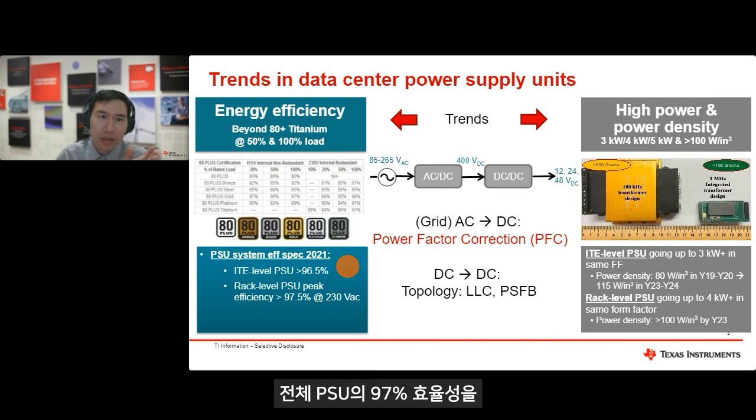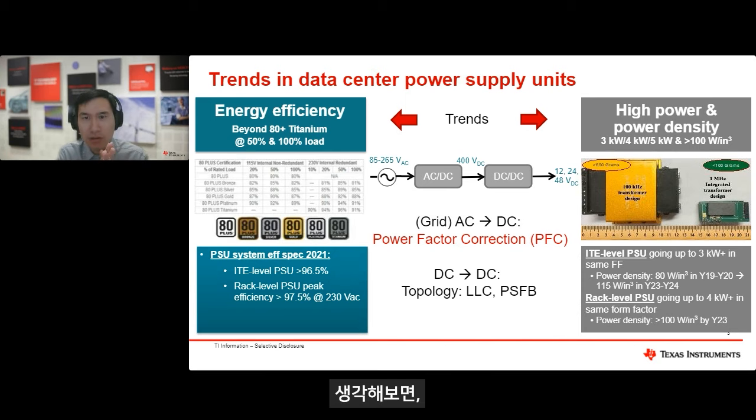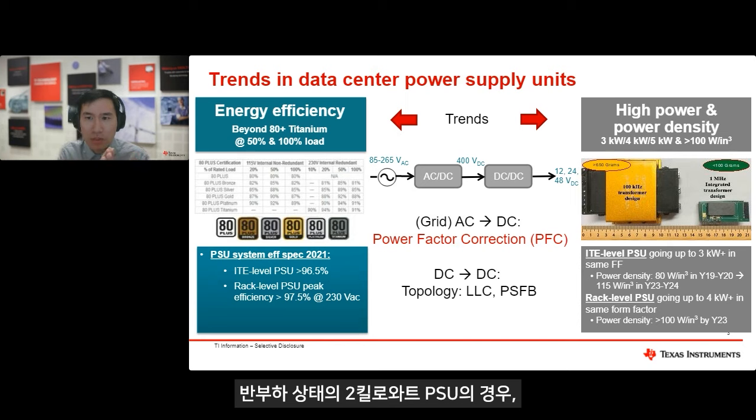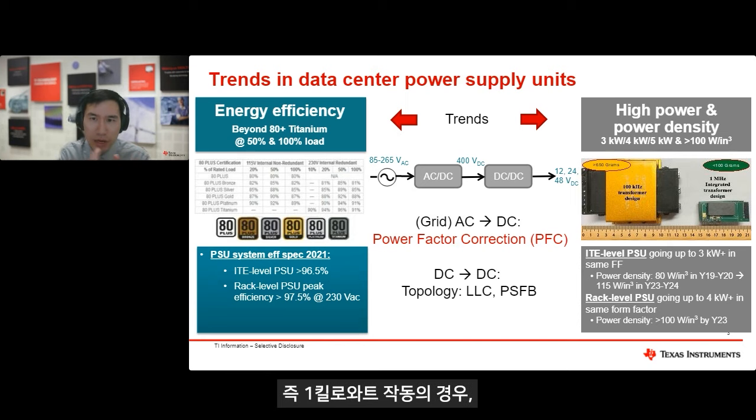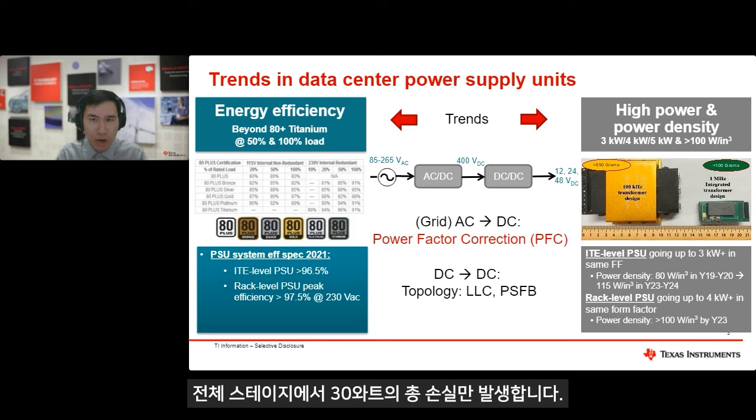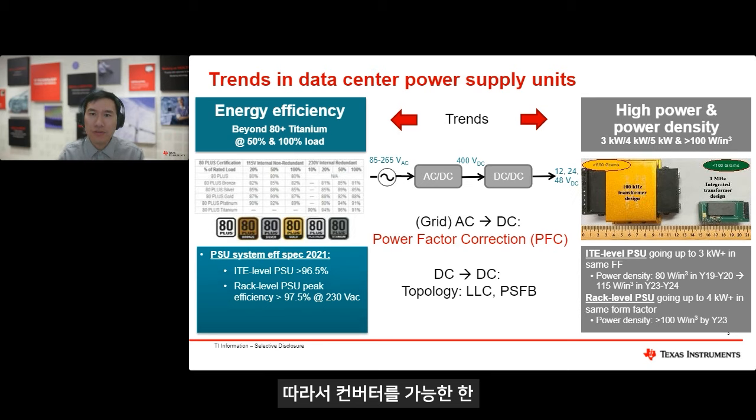You can see if we consider 97% efficiency for overall PSU, which means for a 2 kilowatt PSU at half load, meaning 1 kilowatt operation, you only have 30 watt total loss for the entire stage. So you have to design your converter as efficient as possible.